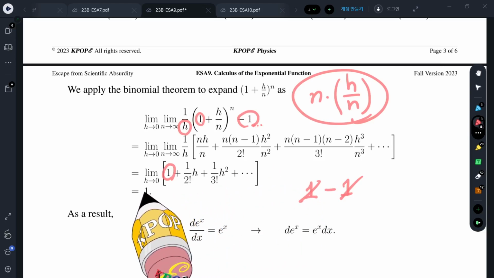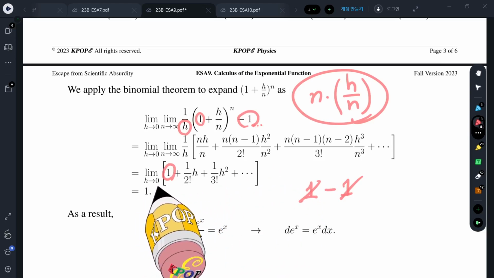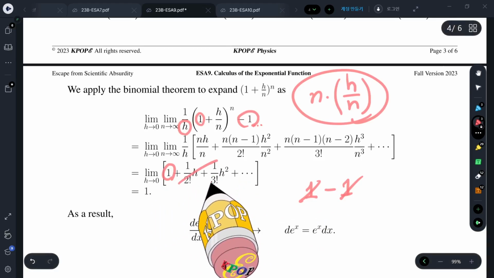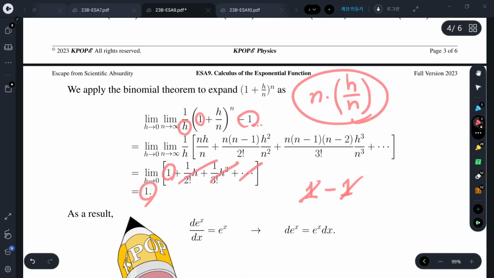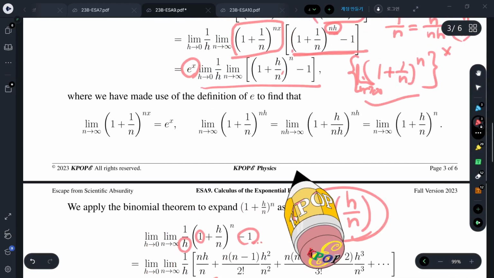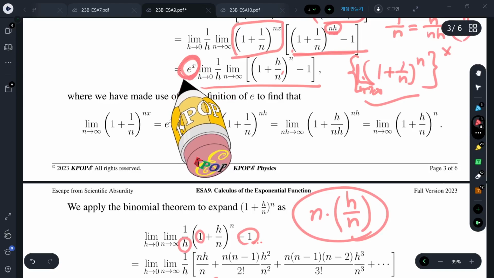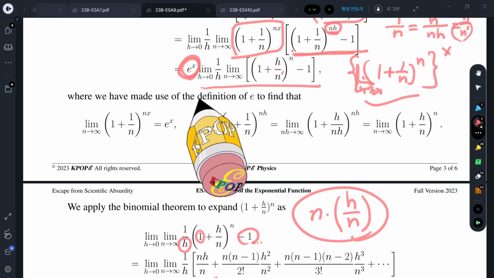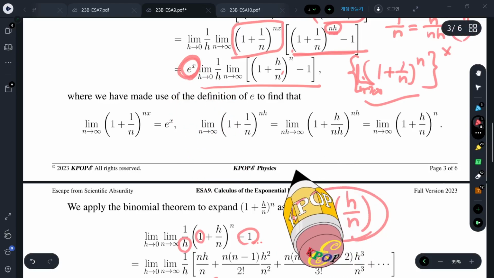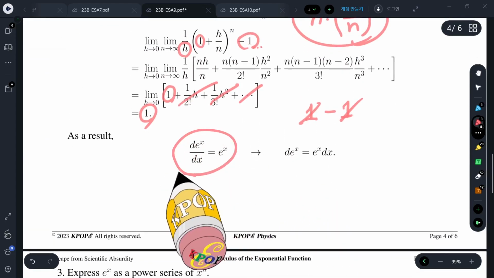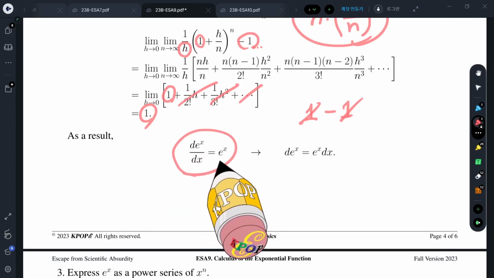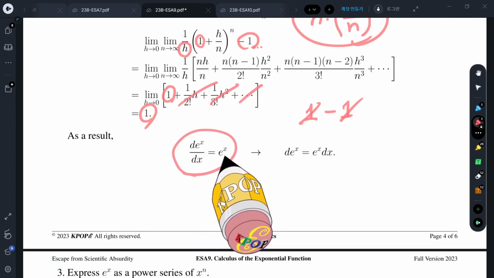Therefore, in the limit as h goes to 0, everything vanishes, and this factor is a trivial one. As a result, because we have already factored the exponential out, we conclude that the derivative of the exponential function is the exponential function itself.